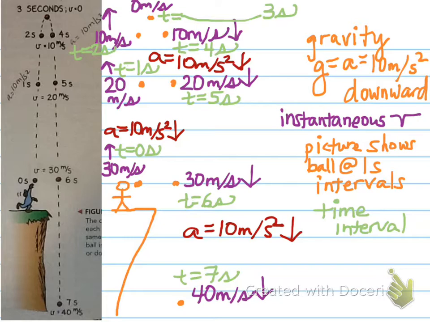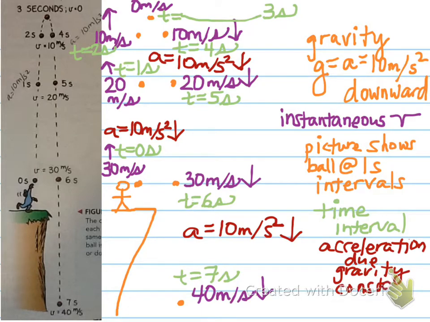That's why as the ball is rising in the air, it's losing speed, and as it's falling in the air, it's picking up speed. So notice our acceleration has never changed. Our acceleration due to gravity is constant. It's unchanging. It's always 10 meters per second squared downward.